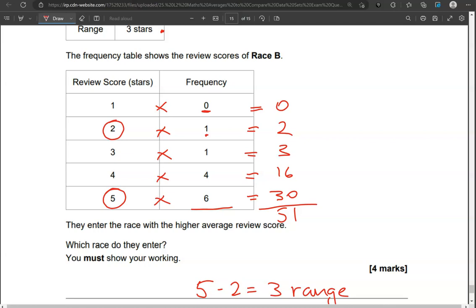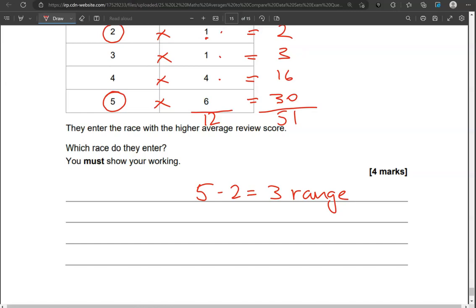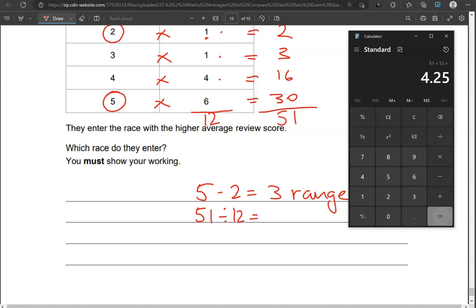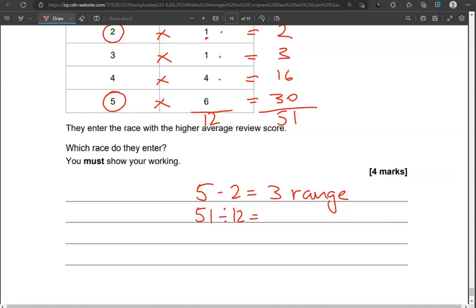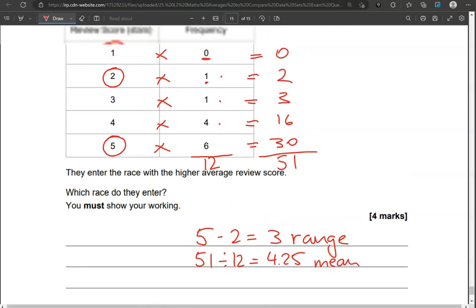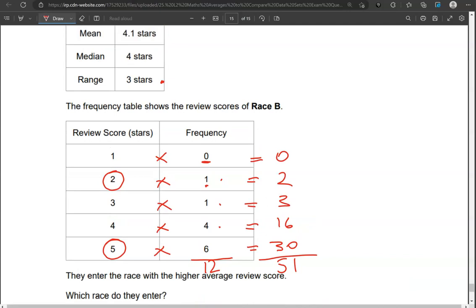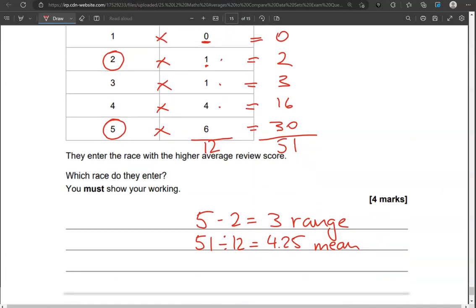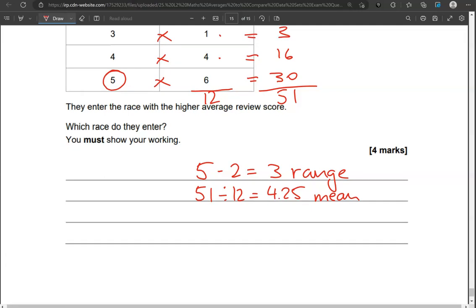Dividing that by the total for the frequencies, 6 and 4, that is 10, 11, 12. So we'll do 51 divided by 12, which gives us 4.25 as the mean. So this is higher than the 4.1 for race A. So which race do they enter? We're going to say race B.